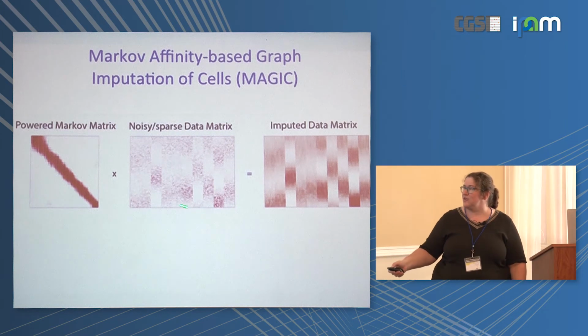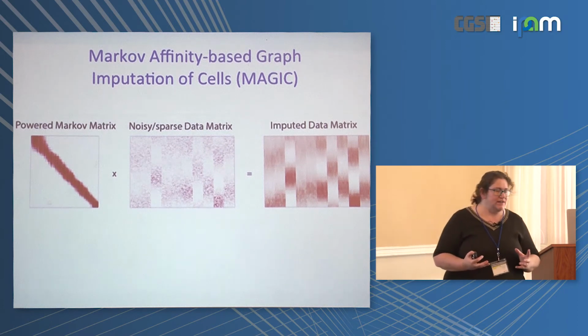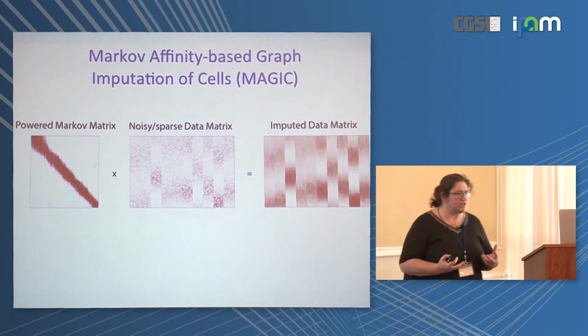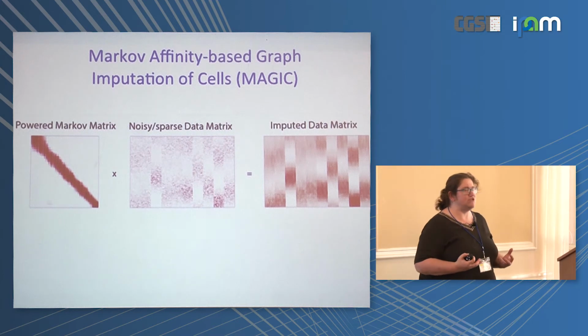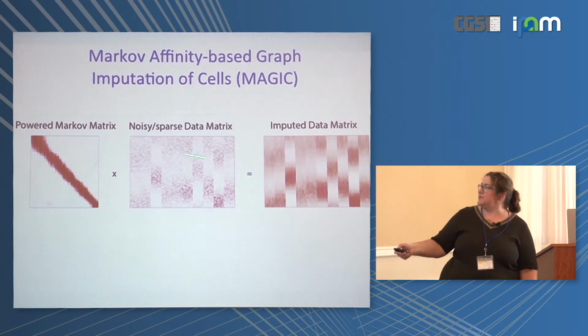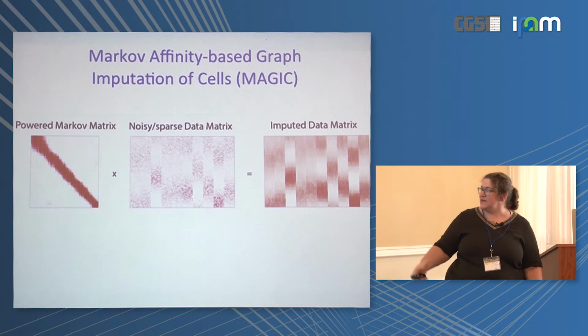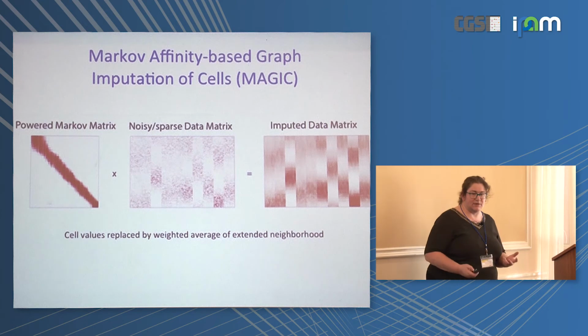So we take our noisy, sparse data matrix, we take our powered matrix of neighbors, and while we average cells from different neighborhoods, one of the really nice things is that each cell still remains unique here. Each cell still retains its own unique neighborhood with its own unique weights as we impute and get the imputed data right here, filling in a lot of the missing values by learning from nearby cells.